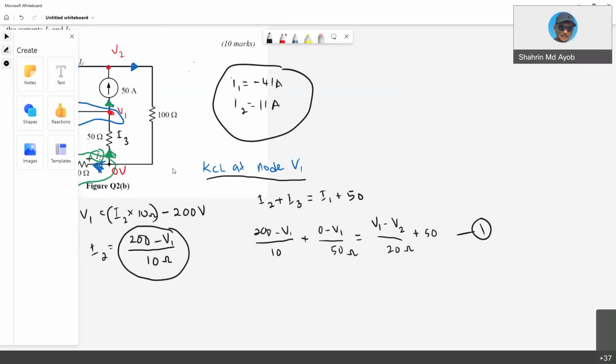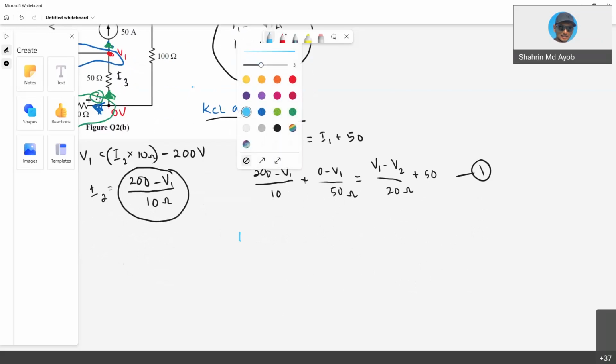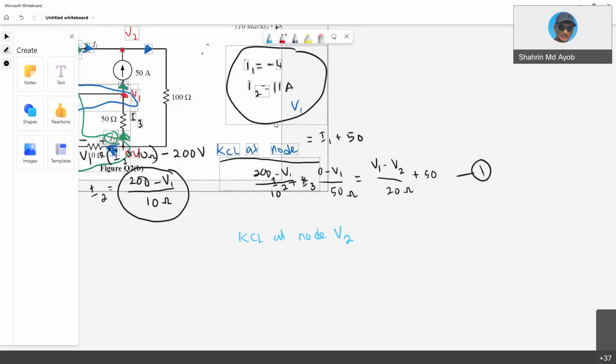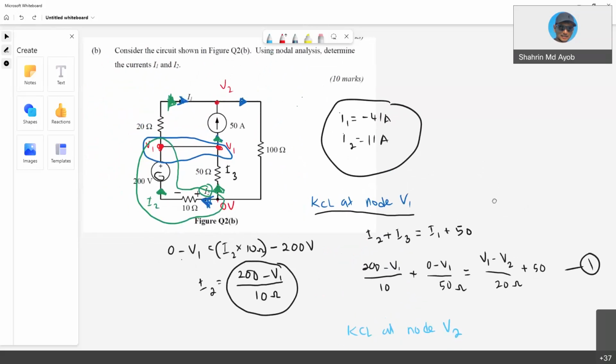And you need another equation, which is from V2. So at node V2, as you can see, there are two currents going into and one current going out.